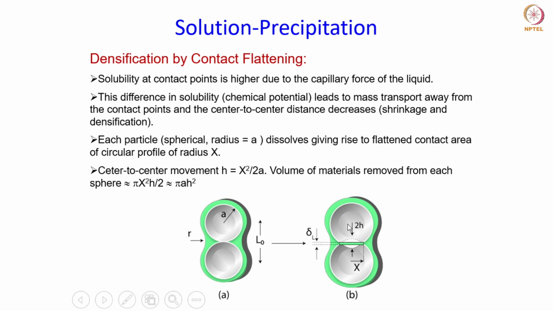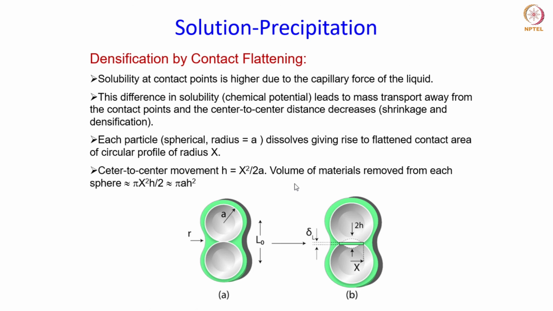So this center to center approach as a result of the dissolution of the contact points leads to a flattened contact area between the particles, right? And this center to center movement, or the extent of movement h, is given by the radius of the contact area and the radius of the particle through this particular equation.